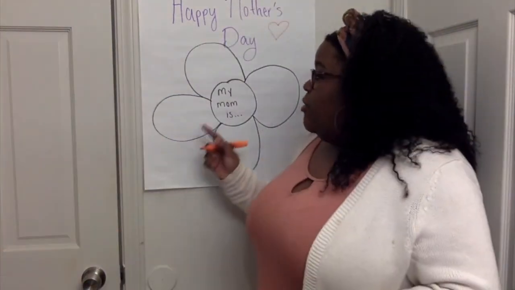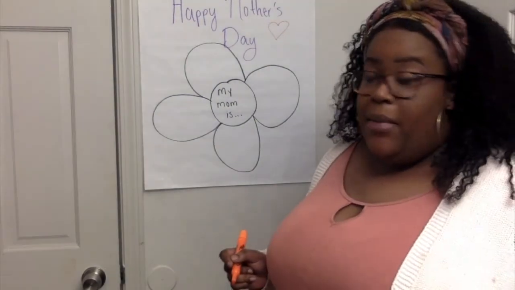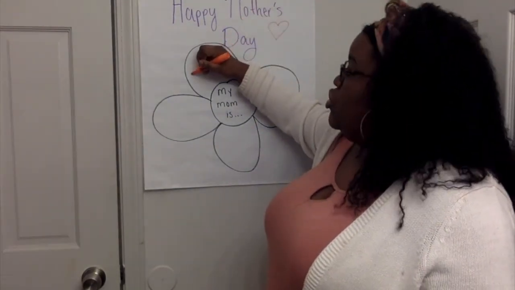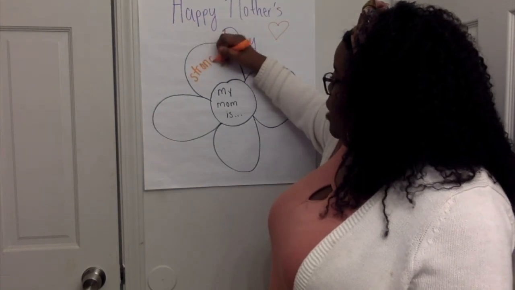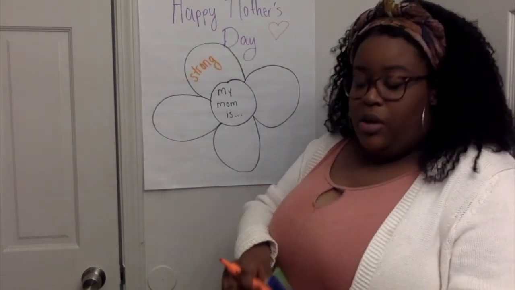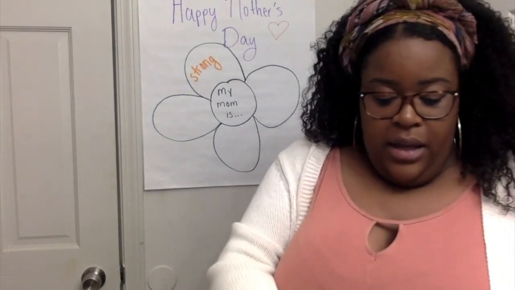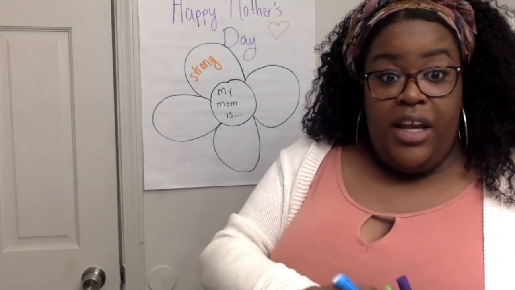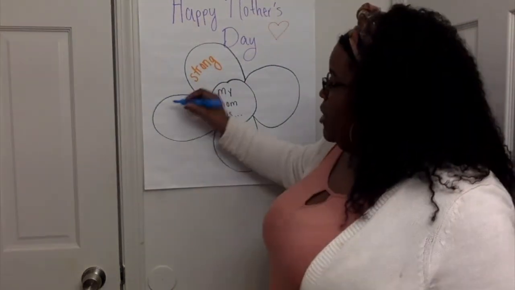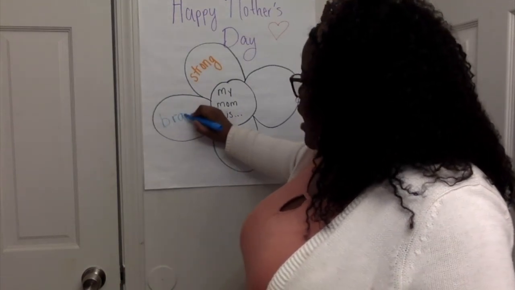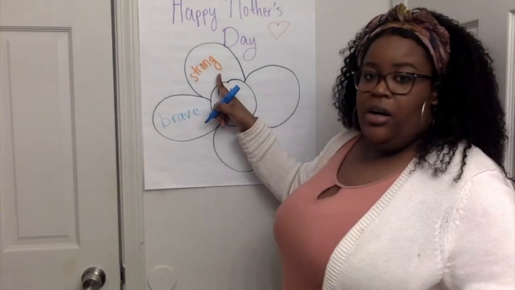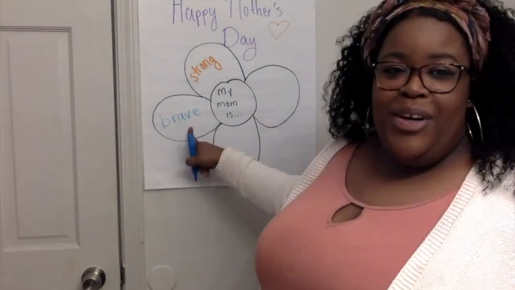All right, so for me, one way I know I can describe my mom is that she is very strong. So I'm going to write strong in 1 petal. My mom is a very strong woman. All right, another adjective that I can use to describe her. My mom is very brave. So I have strong, and I have brave.